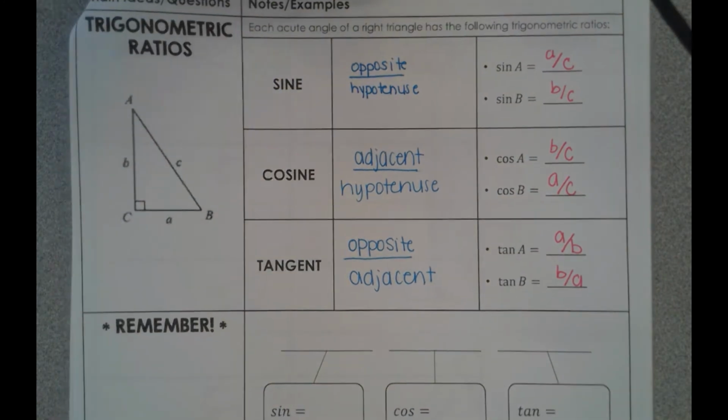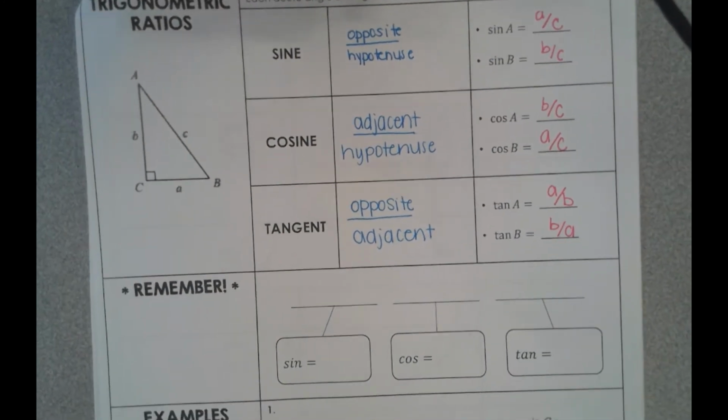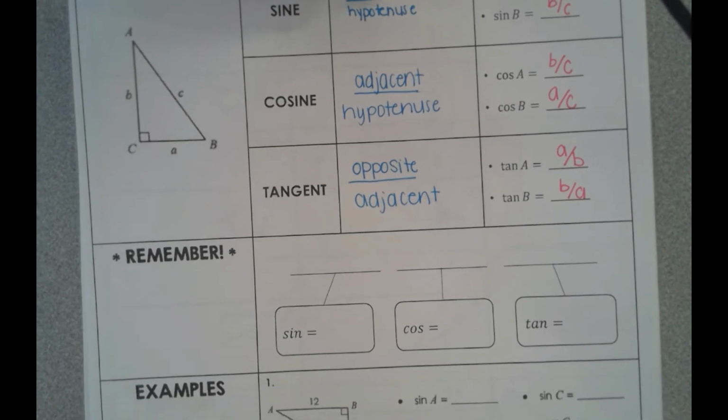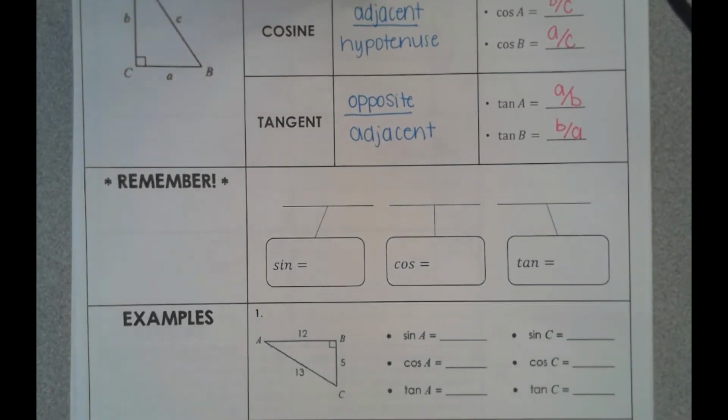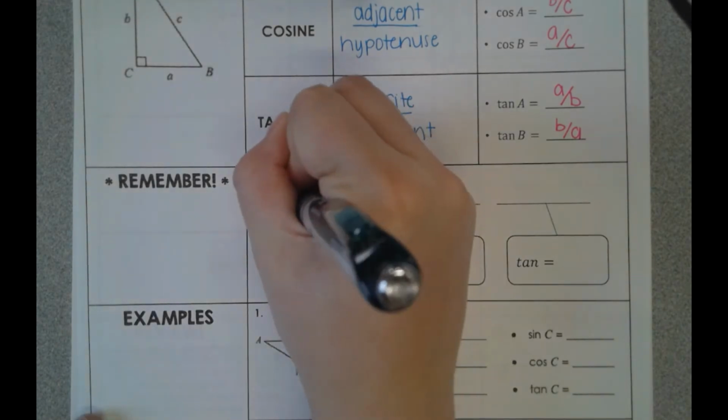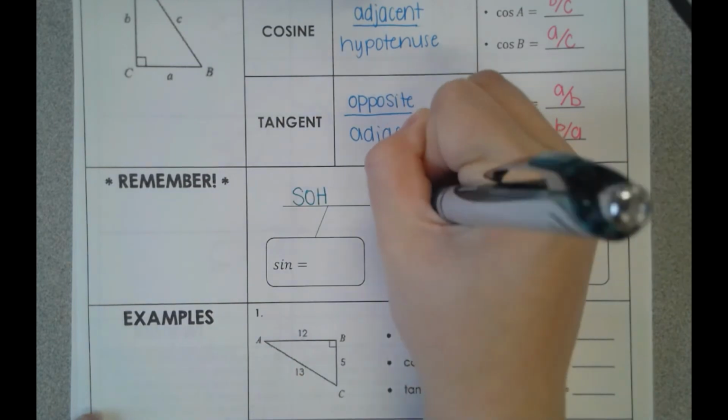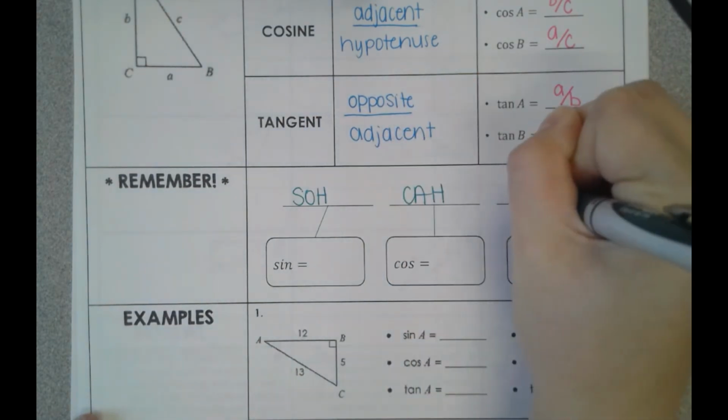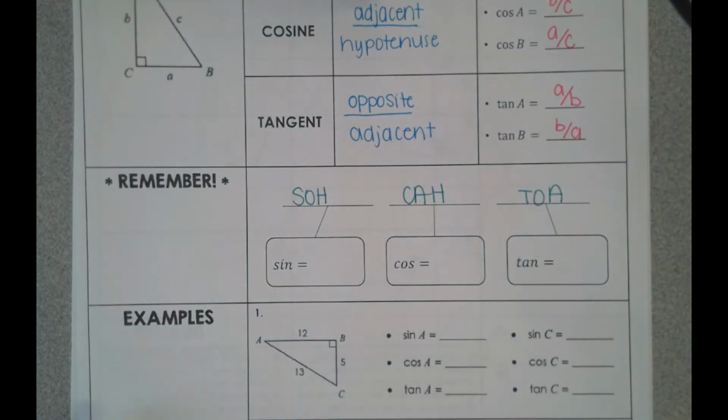So there's a few ways that people remember these ratios. The one I prefer, I don't like to read out. Some people say a bunch of words to correspond with the letters. I just like to remember SOHCAHTOA. Now, if you're going to remember SOHCAHTOA, you have to remember how to spell it.